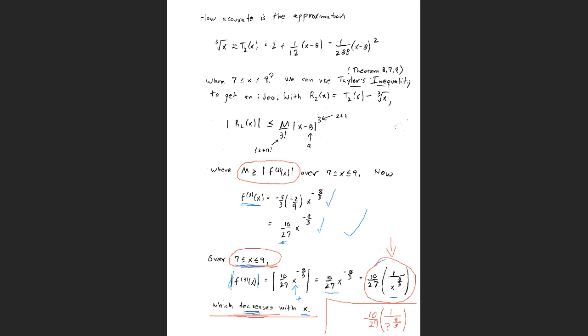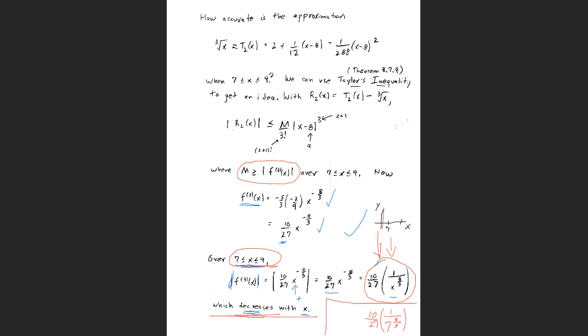Because we would put in 7 here, because this function decreases with x. It's a decreasing function. You have an x-axis here and a y-axis, and you have 7 and you have 9.